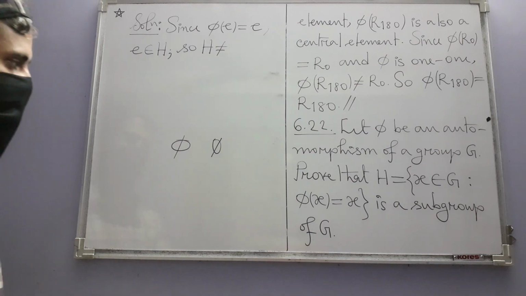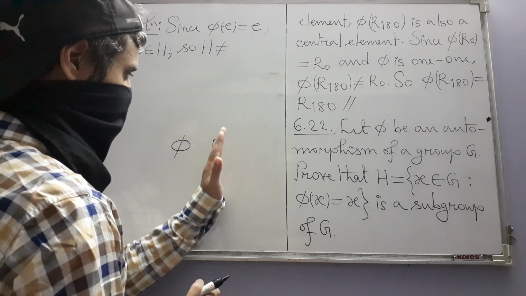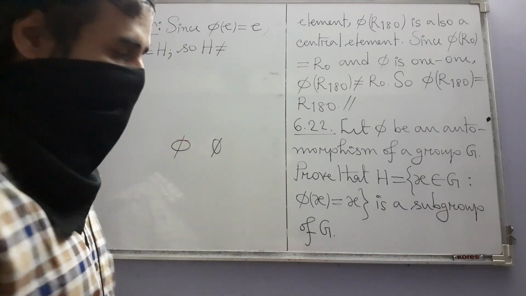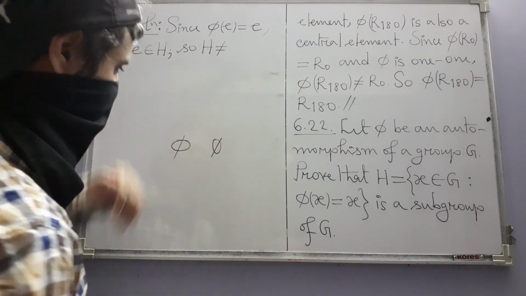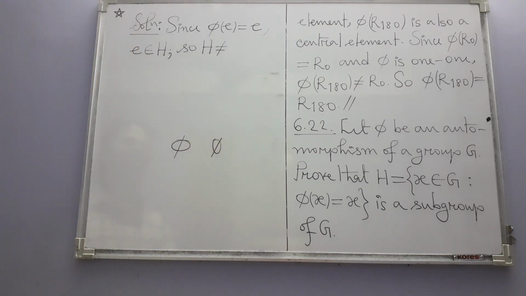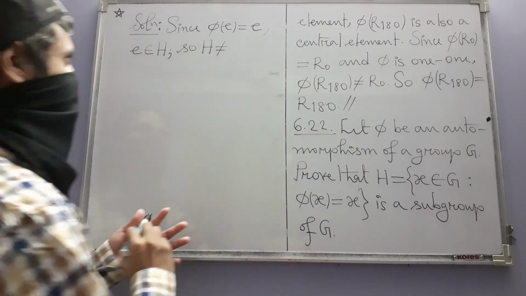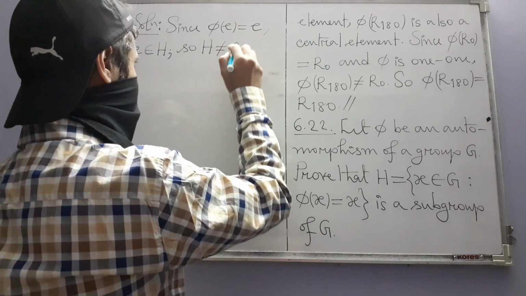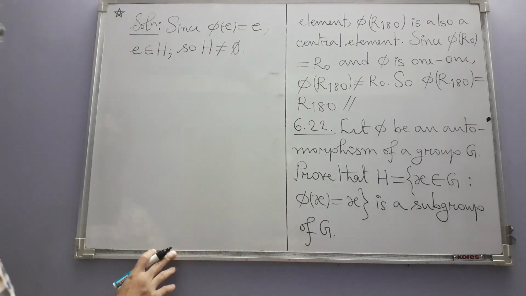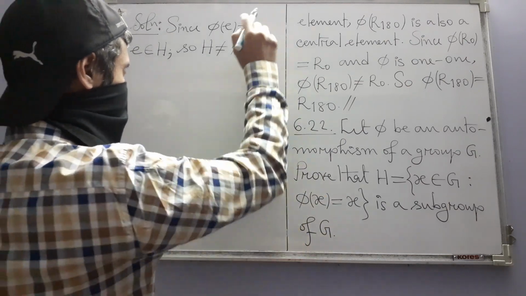Okay, they are not the same. You can see this is more like a striked out upright ellipse, whereas this one is a horizontal ellipse. Okay, there is a slight difference. So now H is non-empty, so now we can take two elements from H and then verify the usual stuff.